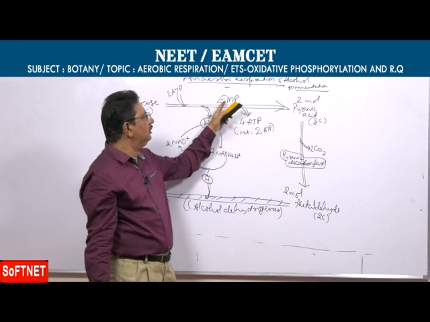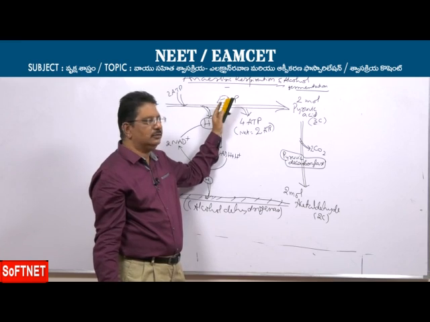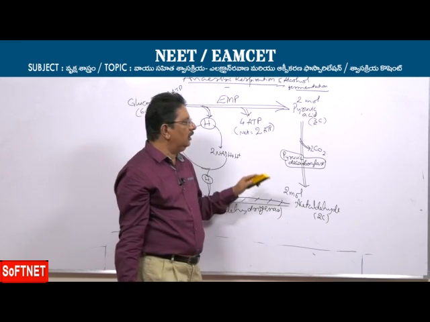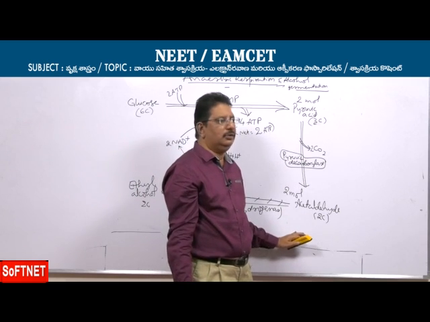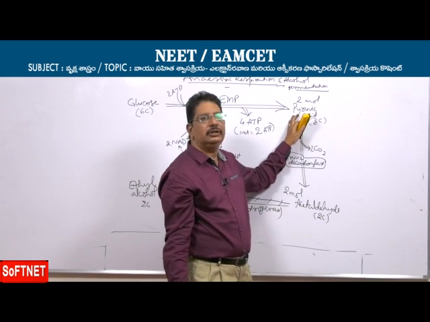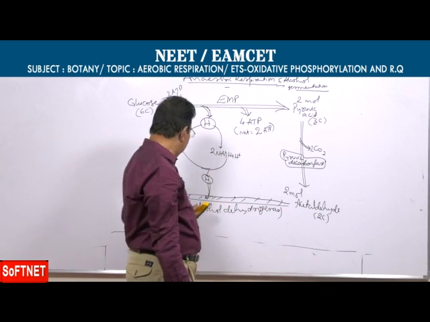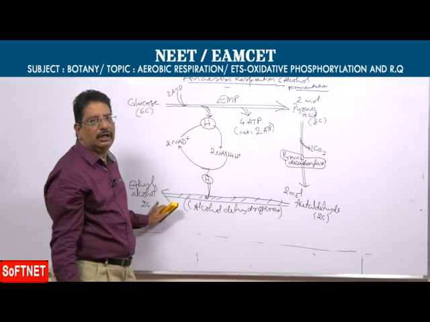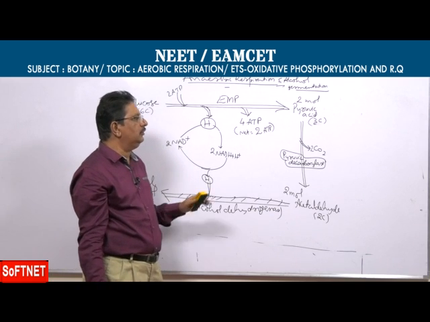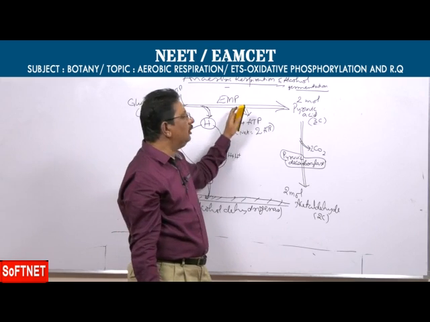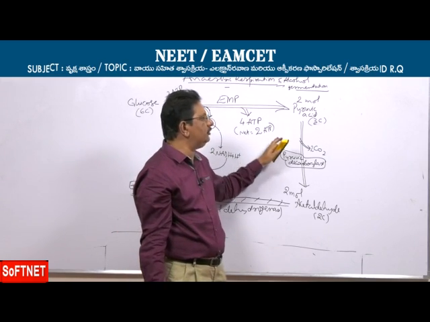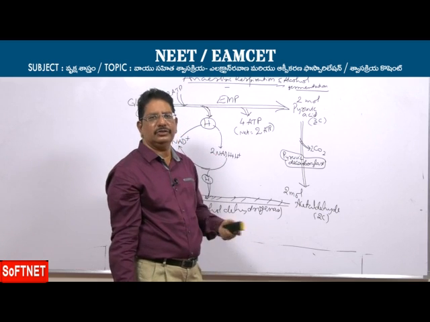So, what is it? The EMP pathway as it is. But after that, as oxygen is not available, pyruvic acid converts into acetaldehyde and finally converts into ethyl alcohol. So, the fate of pyruvic acid formed after EMP depends on the availability of oxygen.